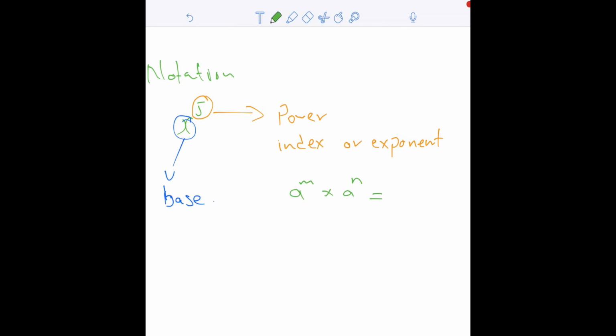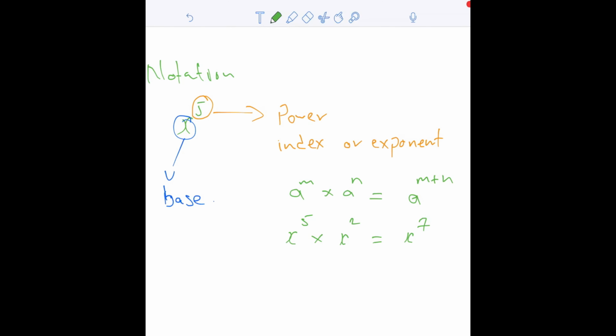So this becomes a to the power m plus n. For example, if you have x to the power of 5 multiplied with x to the power of 2, this will give you x to the power of 7.